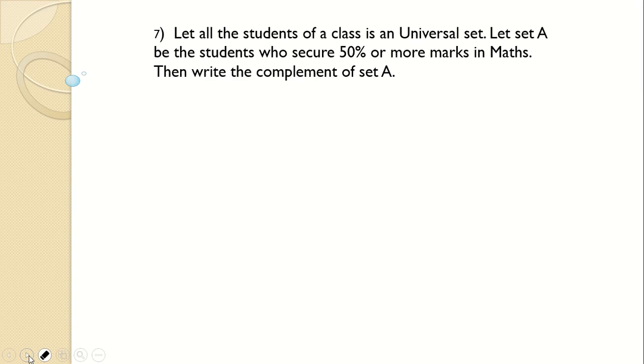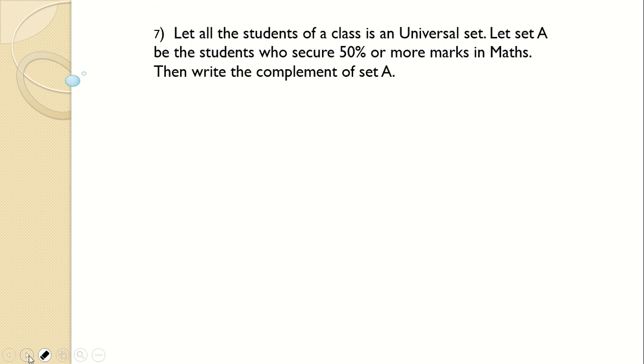Let all the students of a class be the universal set. Let set A be the students who secure 50% or more marks in maths. Then write the complement of set A. Now this is quite easy. The class is the universal set, and set A is the students who secure 50% or more.